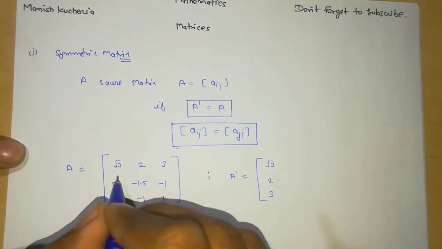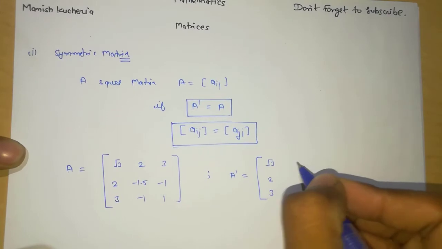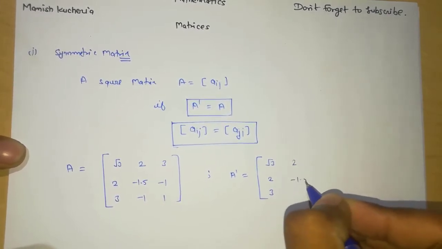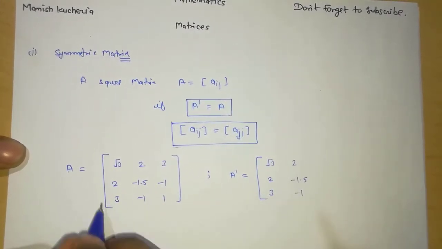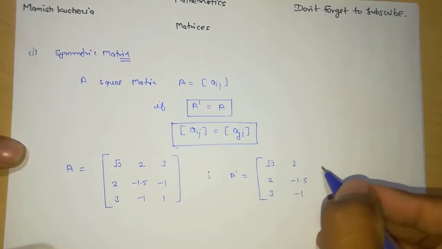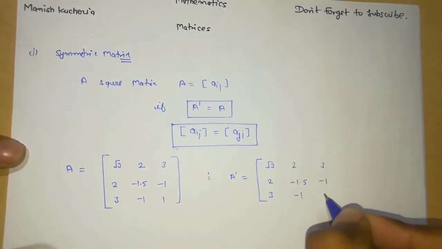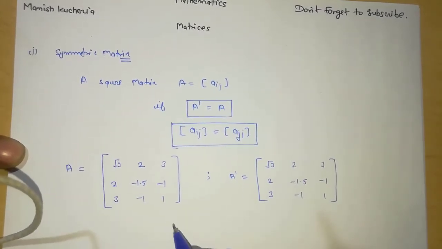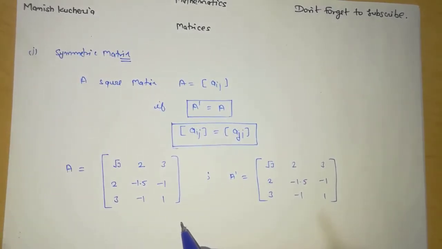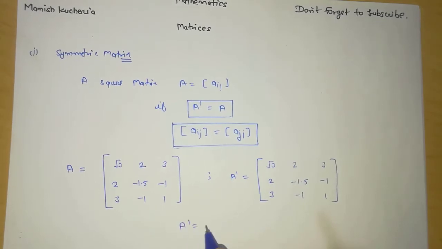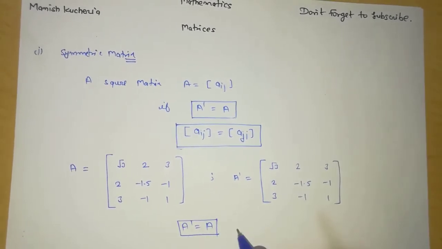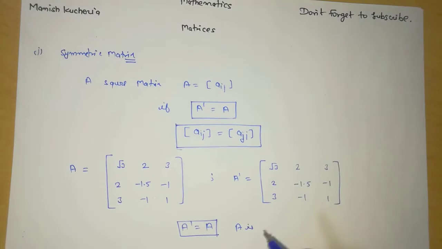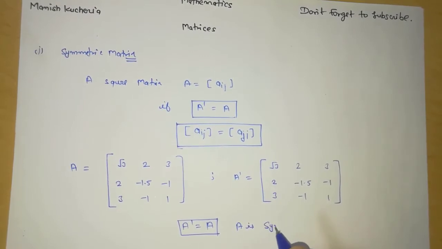Then the second row is replaced with the column 2, minus 1.5 and minus 1, and the third and last row changes into the column 3, minus 1 and 1. Now in both cases, A dash is equal to A. So the matrix A is a symmetric matrix.